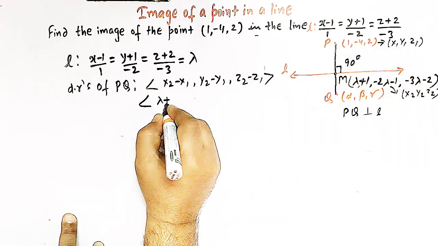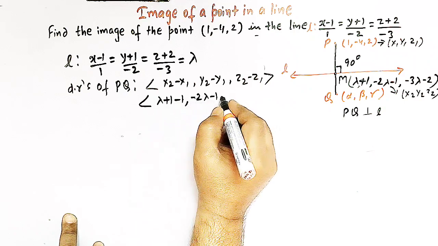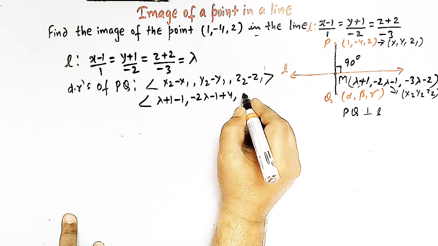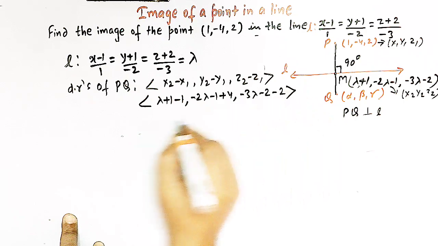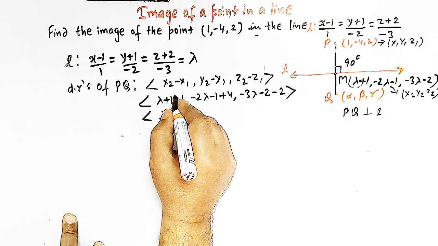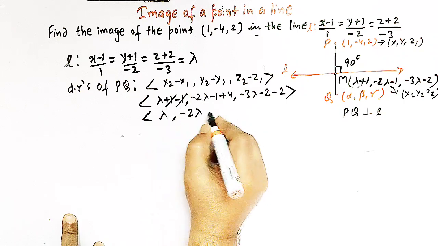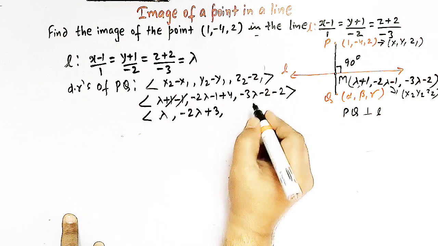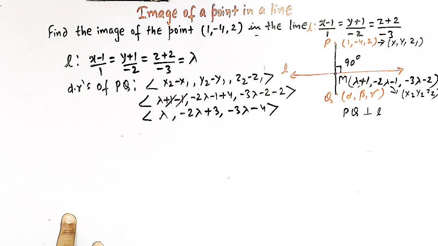So we have lambda plus 1 minus 1, minus 2 lambda minus 1 plus 4, and then minus 3 lambda minus 2 minus 2. So we have lambda, and then minus 2 lambda plus 3, and here we have minus 3 lambda minus 4, right?